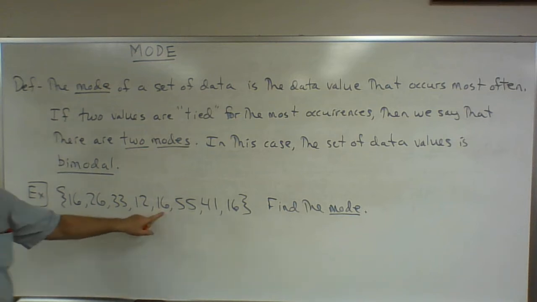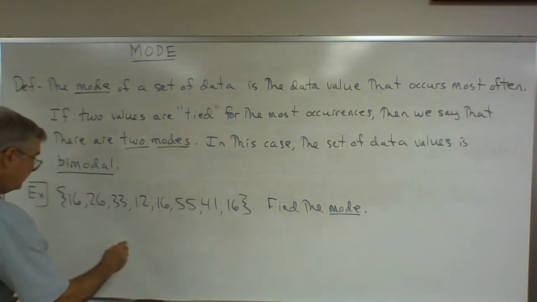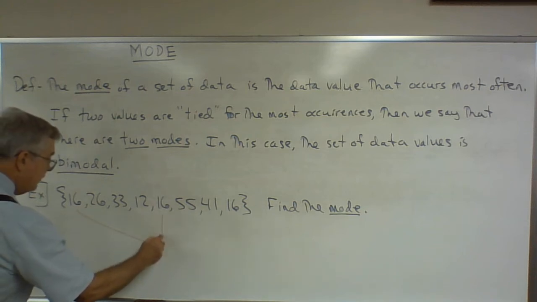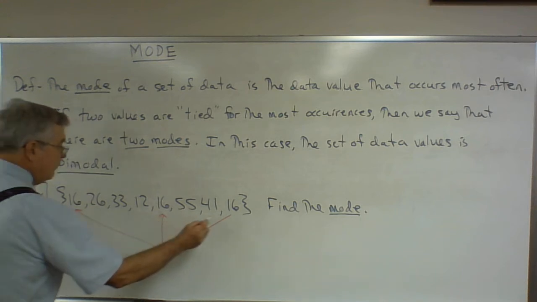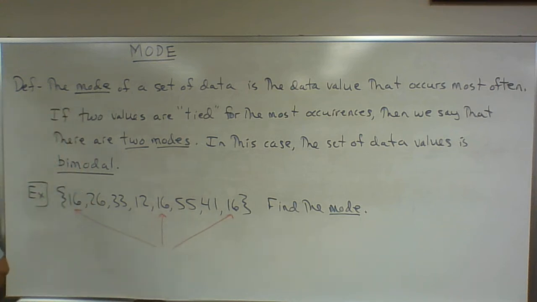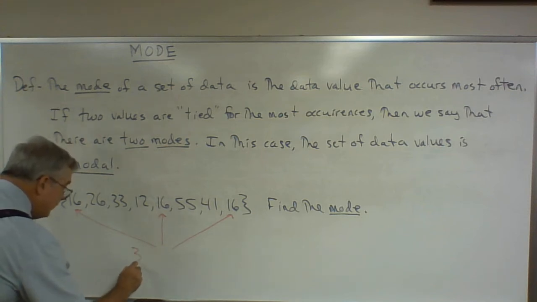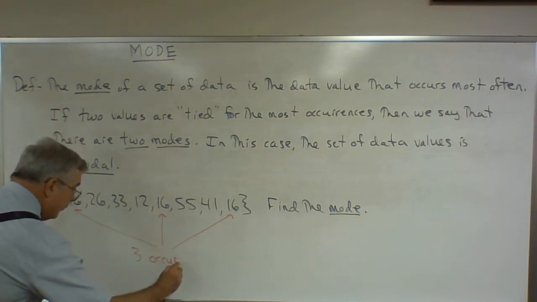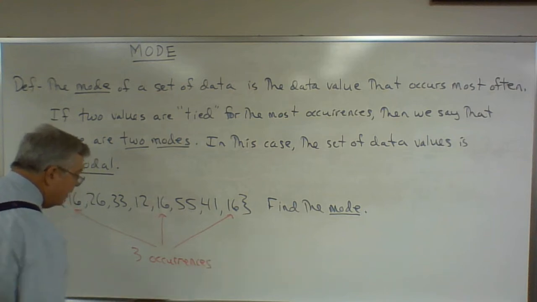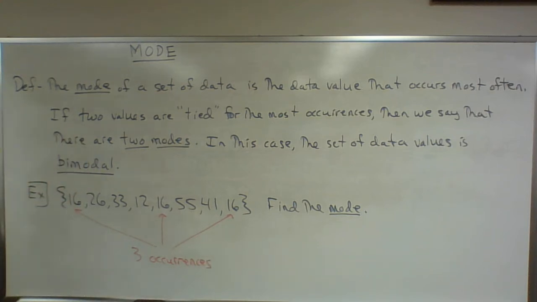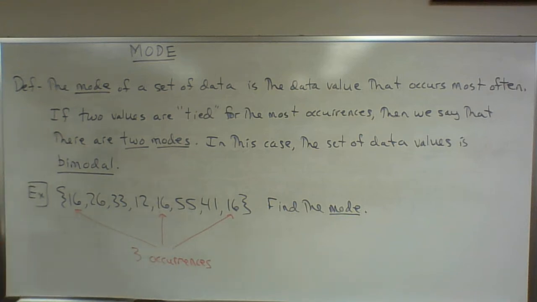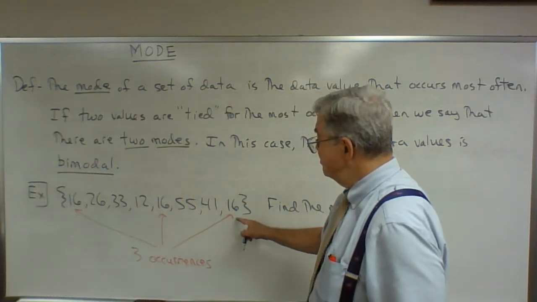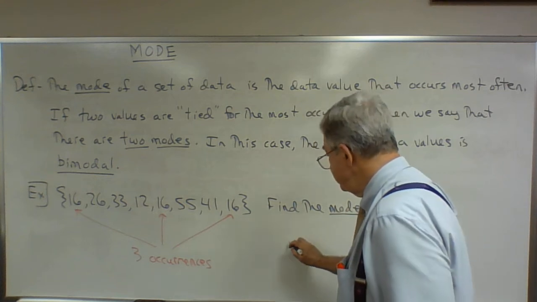But 16 occurs 3 times. Three occurrences. And I sure hope there are 2 R's in the word occurrence, but I'm beginning to doubt it now. The data value that appears most often is 16.